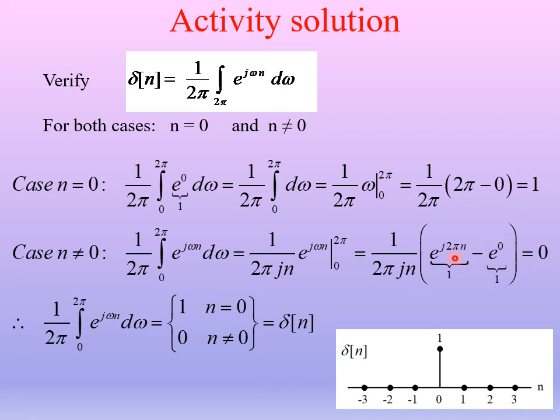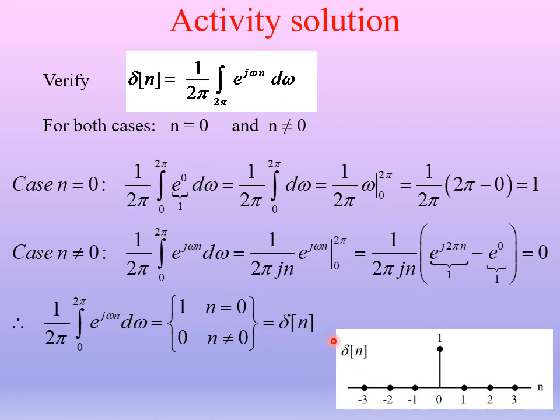So this result is also equal to 1, and we have 1 minus 1, which is 0. So what we've just proven is that this integral takes on two values. It has a value of 1 when n is 0, and it has a value of 0 for all other values of n.